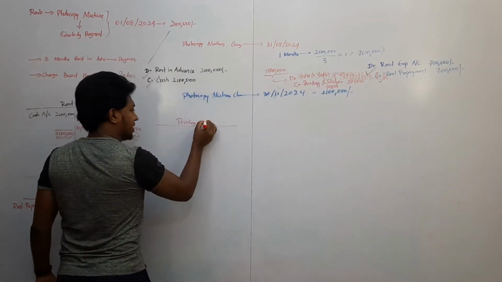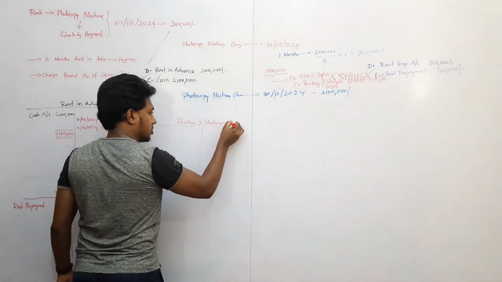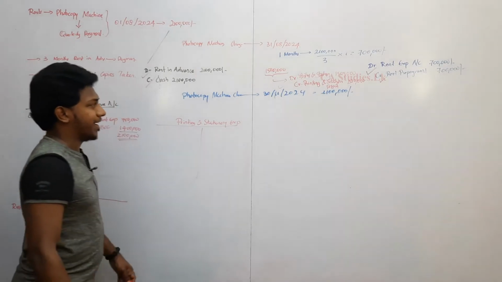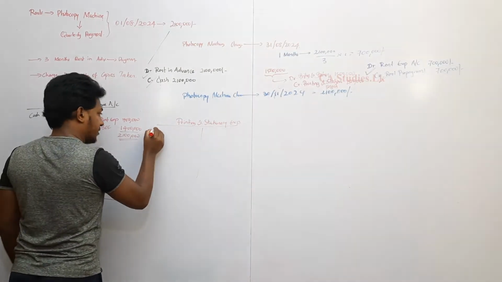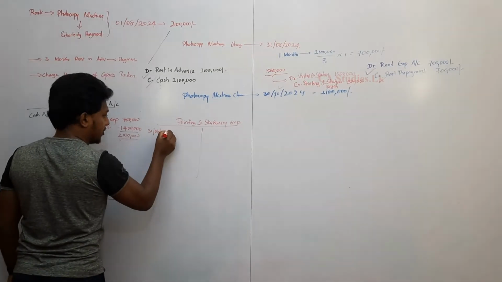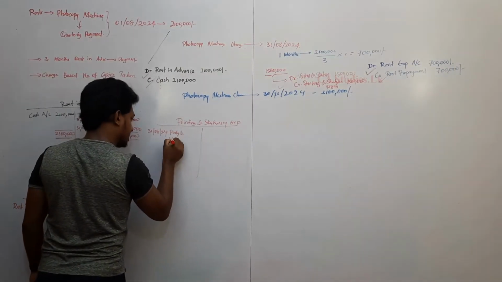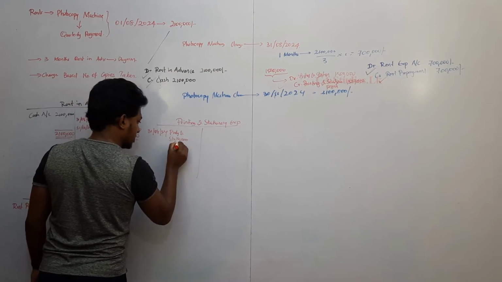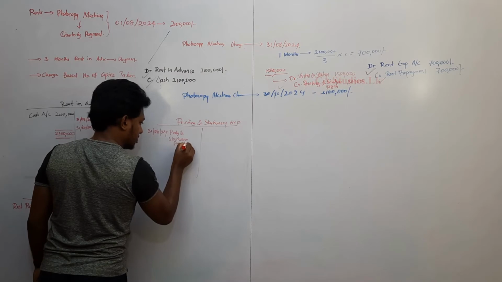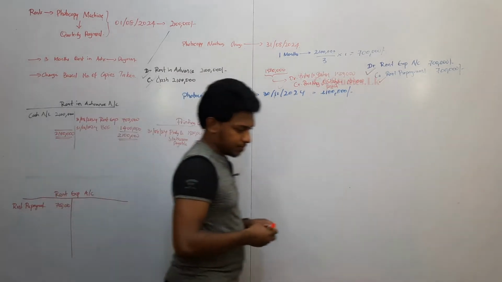Expense increases, debit, right? 31st August 2024, debit printing and stationery, credit printing and stationery payable 1,500,000. Is it correct?